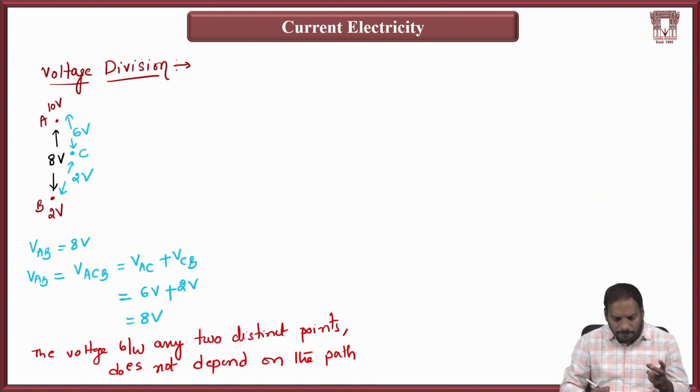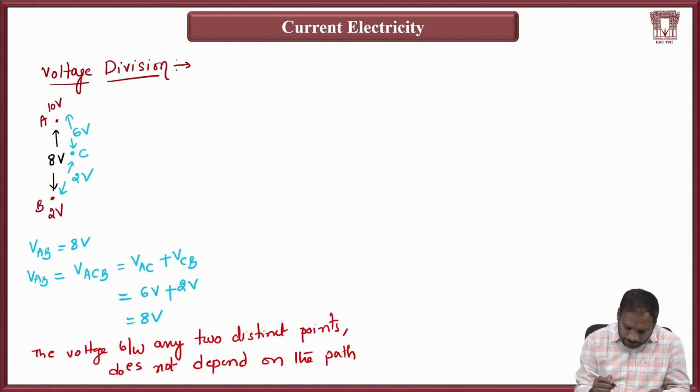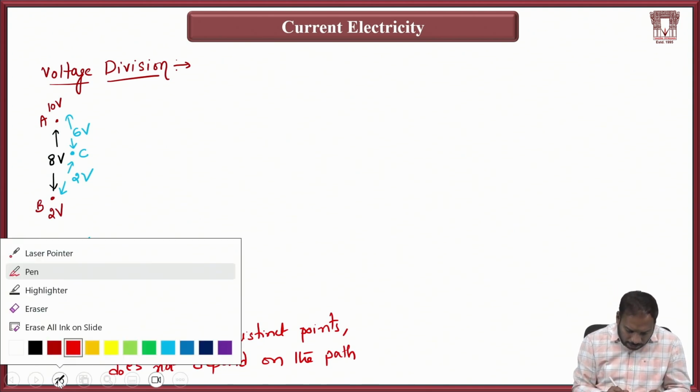This is a small example of voltage division: 6 volts and 2 volts division, and the total end-to-end voltage difference from A to B is 8 volts.